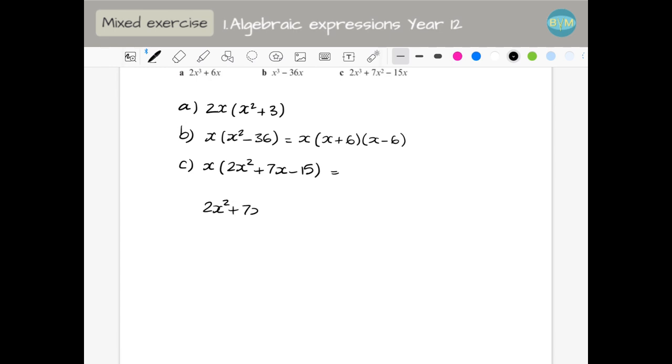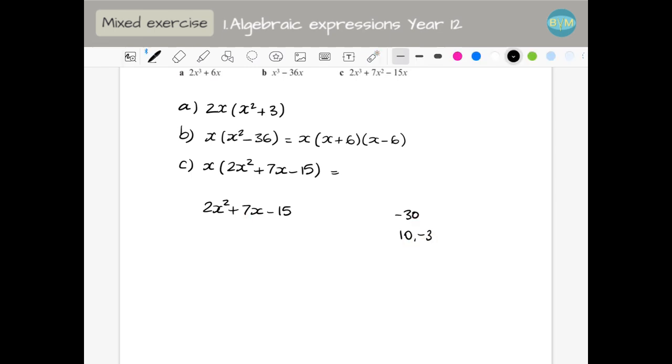Remember, when the coefficient of x squared is different than 1, like in this case, I have to look for two numbers that multiply together to give me the product of these two, so minus 30, and added together give me the positive 7. So in this case, it's going to be 10 and minus 3, because 10 and minus 3 multiplied together is minus 30, and added together positive 7.